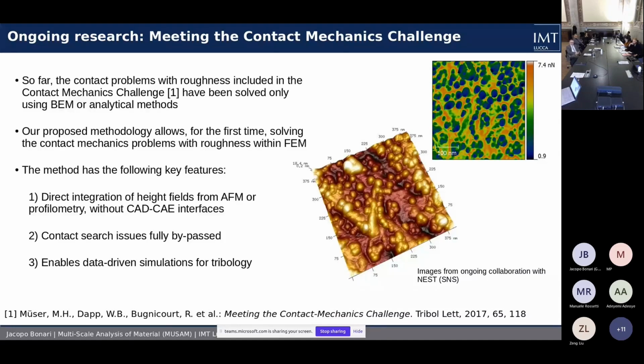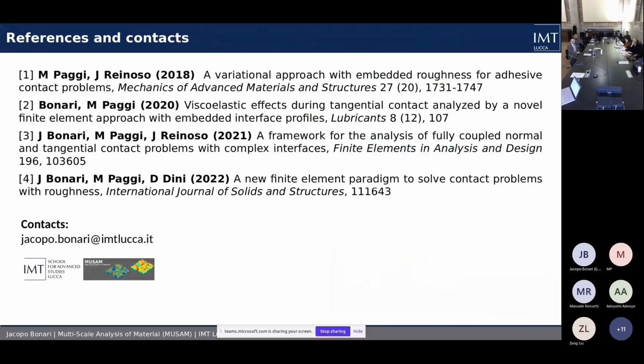And finally, it fosters a directly data-driven simulation for this kind of problem. We actually have an ongoing collaboration with NEST for the application of surfaces acquired using atomic force microscope to our scope. And this concludes the presentation.